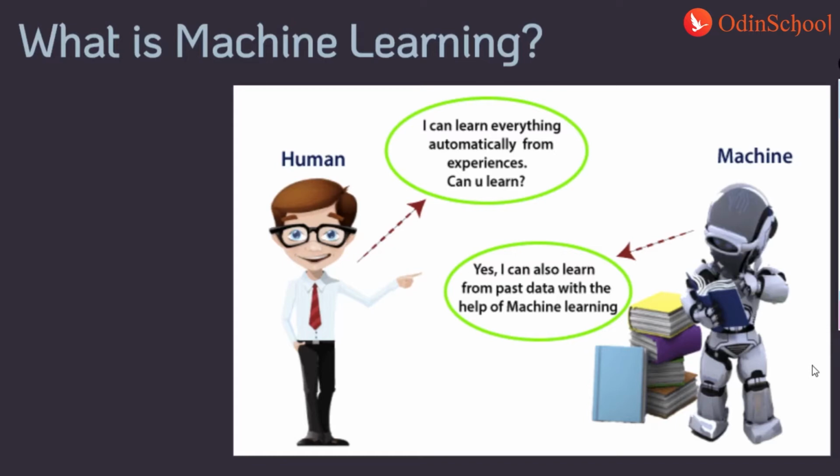Similarly, a machine learns from different data. For a human being it is books, different knowledge at different standards. But for a machine, it learns from different occurrences, events, or data, and based on that it tries to predict the future outcomes.